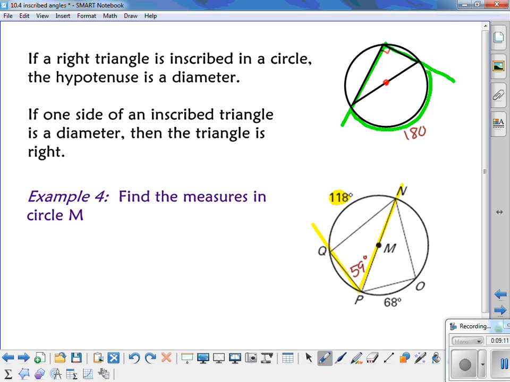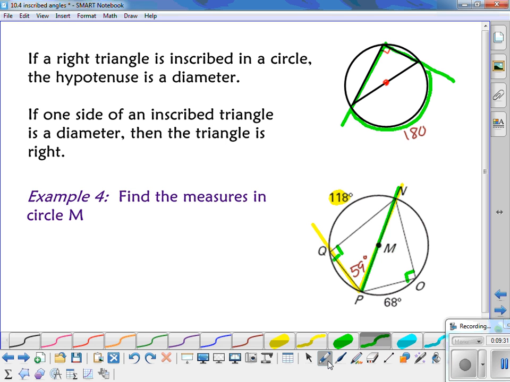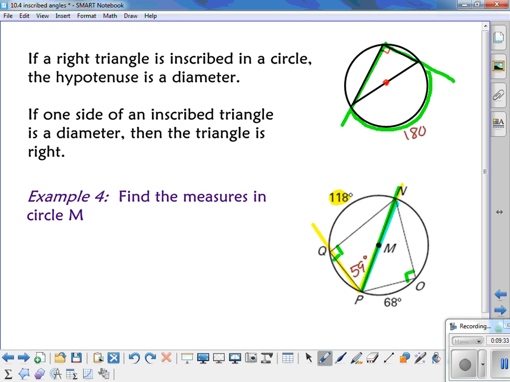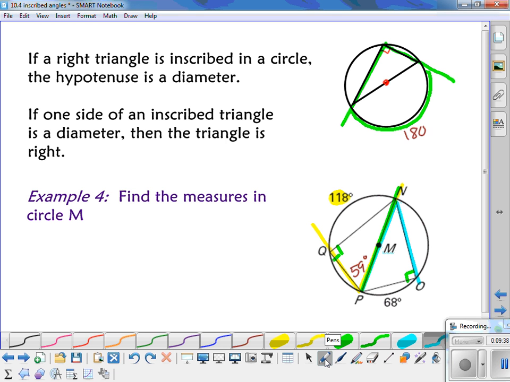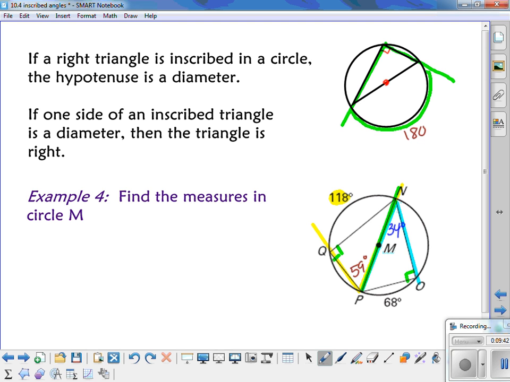And then I notice that one of the sides of the triangle here, NP, is a diameter. So that means that angle Q and angle O are both right angles. And then looking over at the other side, angle PON is intercepting an arc that's 68 degrees. And so half of 68 means that this is 34 degrees.